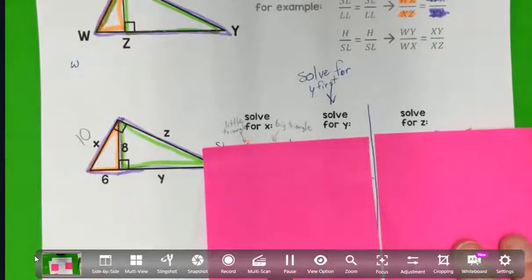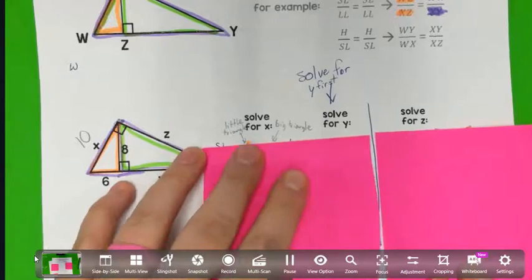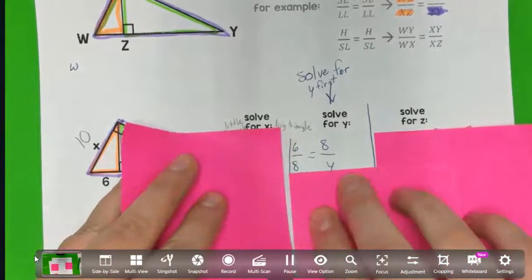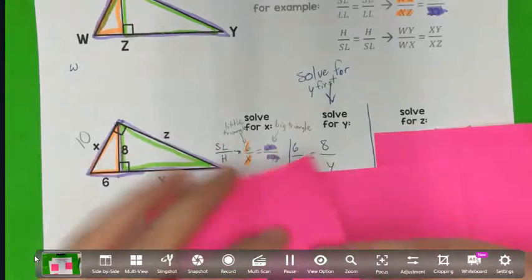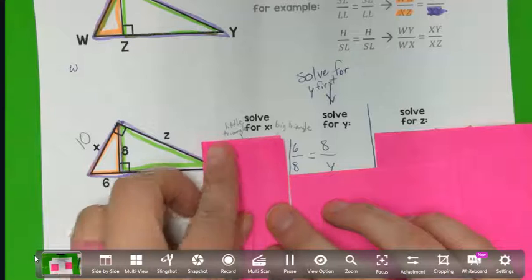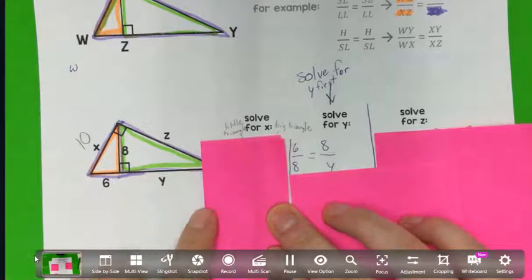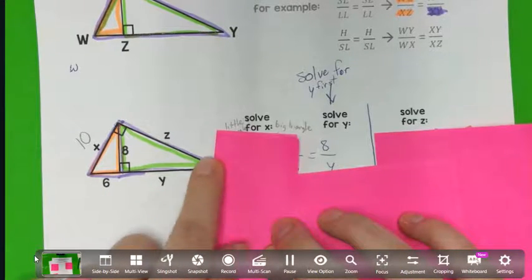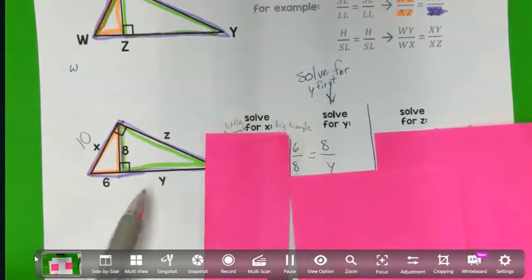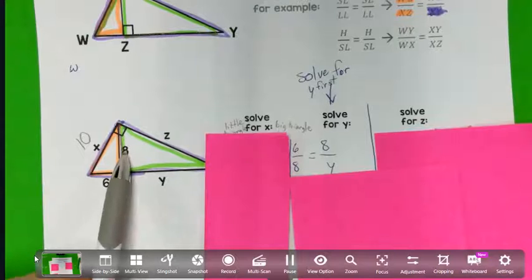So you have to solve for y first. What does that look like? How does one solve for y? Well, you want to solve for y, and this looks just like the one from the problem before.